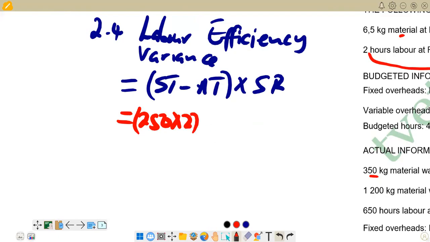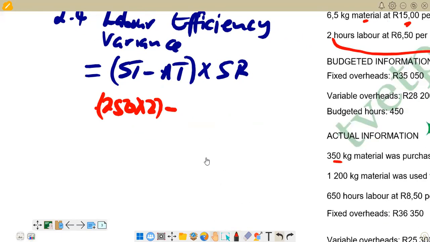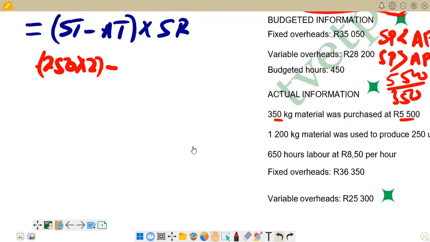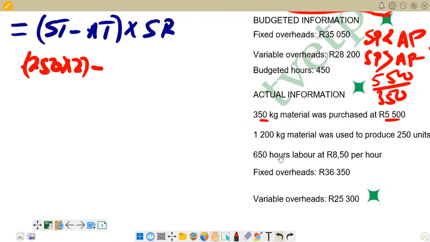Then we subtract the actual time. Let's check the actual information. Actual time, we have 650 hours labor. So we're saying minus 650.